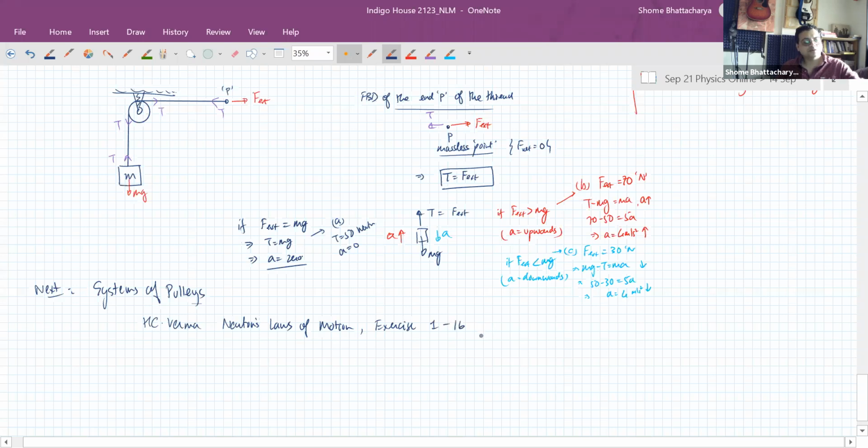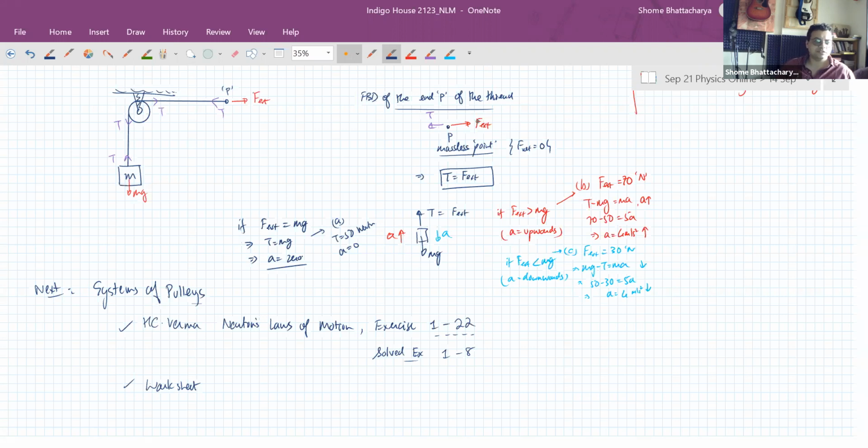In fact, you can work out questions 1 to 22. You can also go through the solved examples 1 to 8. Plus, I will be sending a worksheet across. You can start doing questions from that also. So next lecture, we will also discuss some of the questions from HC Verma, specifically if you have any doubts in any of those questions.